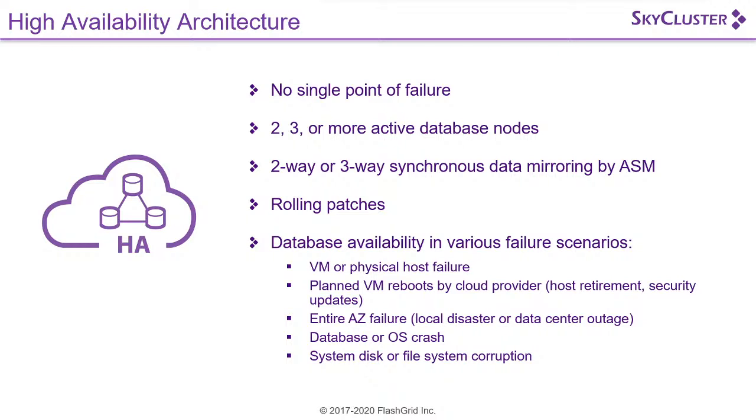If you use the multi-AZ deployment, then it can also protect you against the failure of an entire AZ. And of course, things like database crash or operating system crash, system disk or file system corruption that could happen, and you do not want to have downtime when it happens. So you get protection with this architecture against those scenarios.